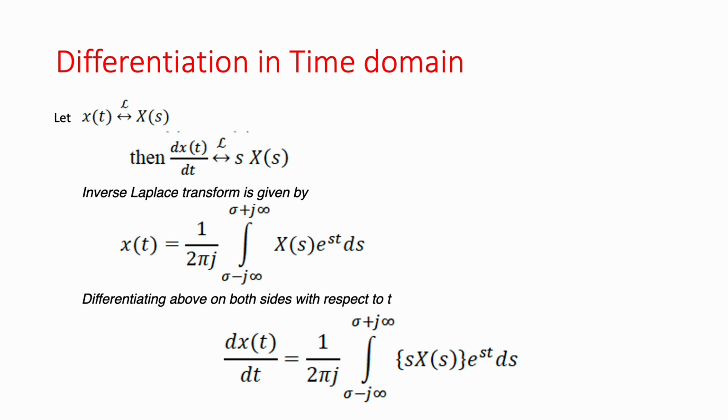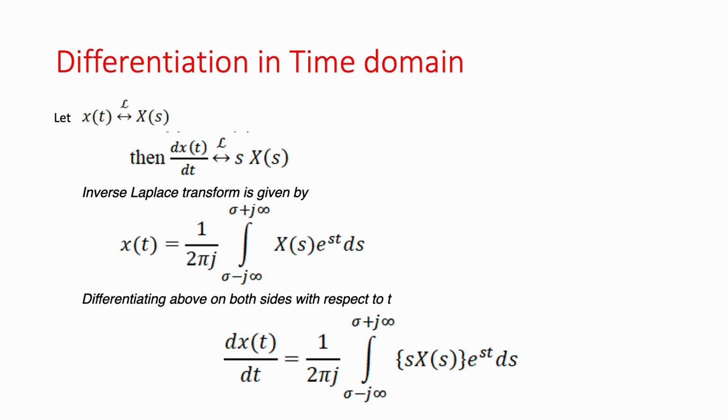Next property is differentiation in time domain. The first part you know: dx of t is the time domain signal. Differentiate the time domain signal with respect to t. If you take the Laplace transform, it gives s into x of s. Now we can see the proof part.